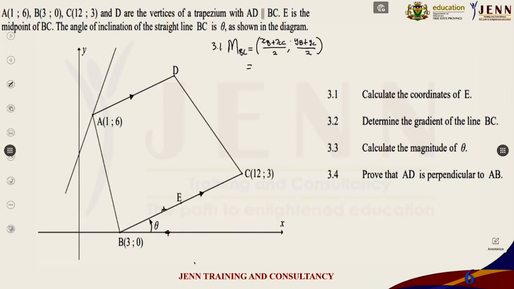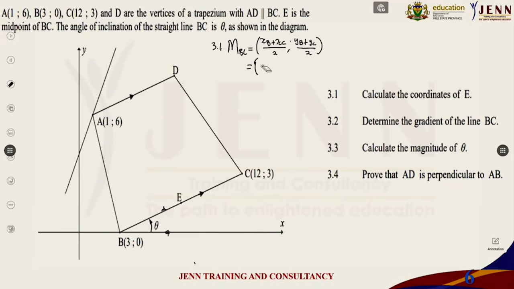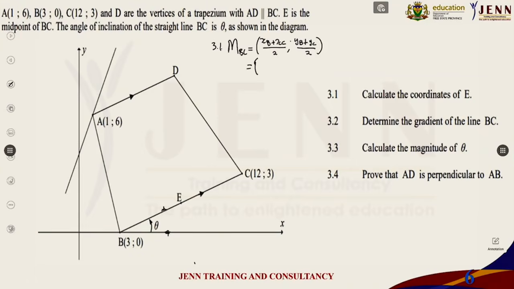Then let us substitute. Open bracket. The x coordinate of B is 3. We have 3 plus the x coordinate of C, which is 12. Divide by 2.